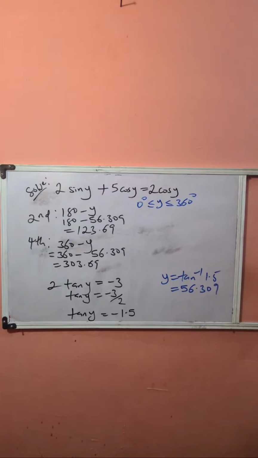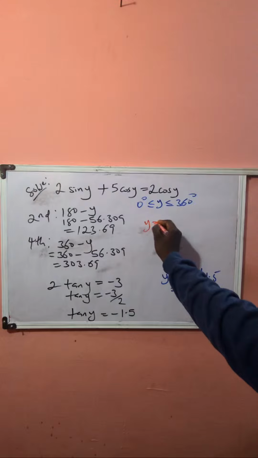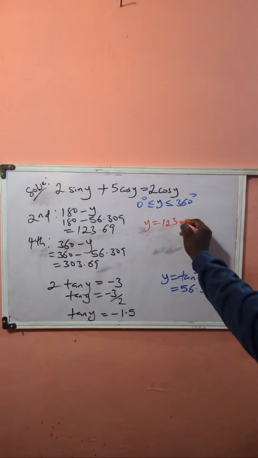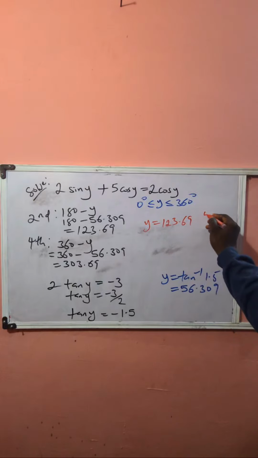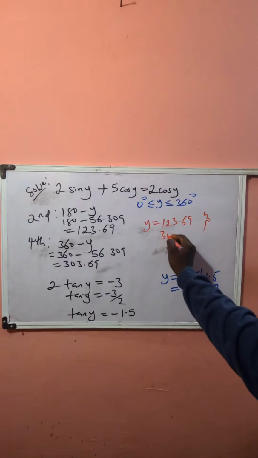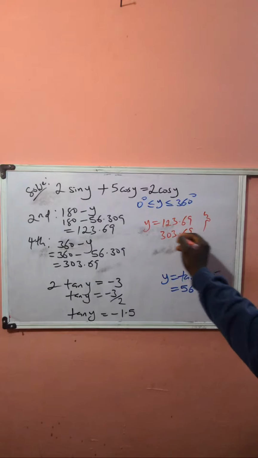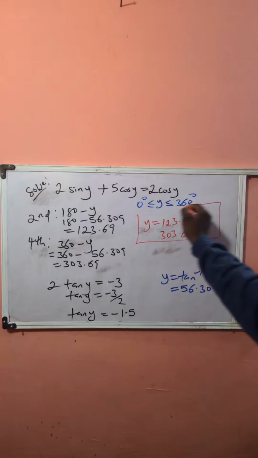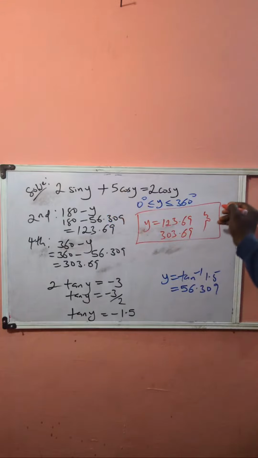So you can see right now that we've been able to solve this particular equation, and we got the two answers for our y as 123.69 and 303.69. So this is the solution to this particular question.